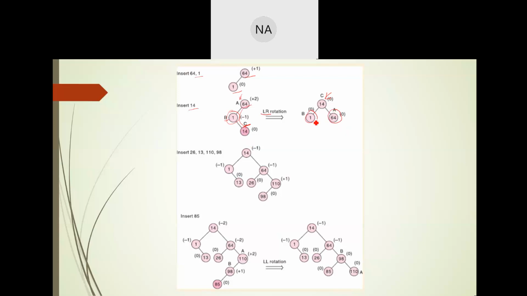So the right subtree of B will be empty, and the left subtree of A will also be empty. So this tree will be achieved.